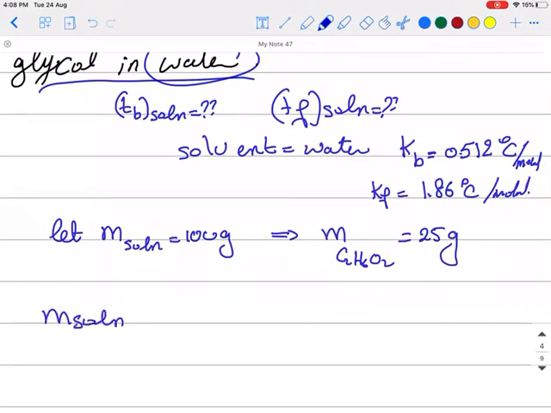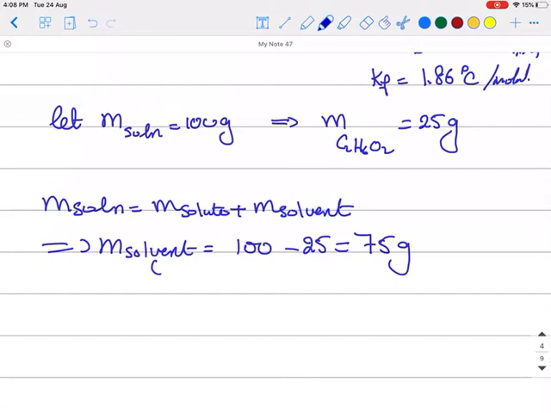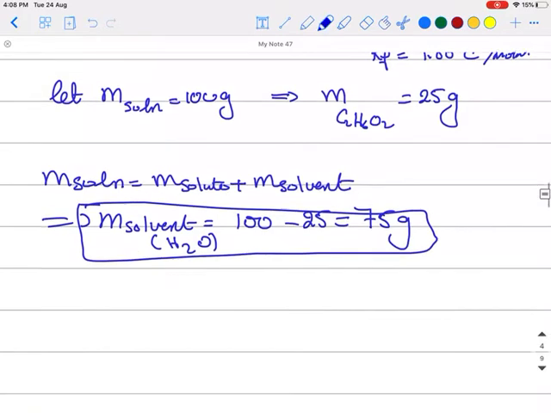The mass of the solution equals the mass of the solute plus the mass of the solvent. So the mass of the solvent equals mass of solution minus mass of solute, which is 100 minus 25, which is 75 grams. The solvent I'm dealing with is the water. This will help me in the molality later on.